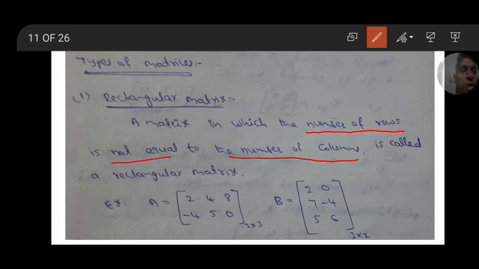Suppose, for example, in this matrix 2, 4, 8, minus 4, 5, 0, we have 2 rows and 3 columns. 2 by 3 matrix means the number of rows and columns are not equal. Therefore, it is a rectangular matrix.